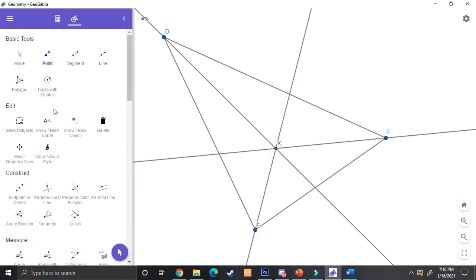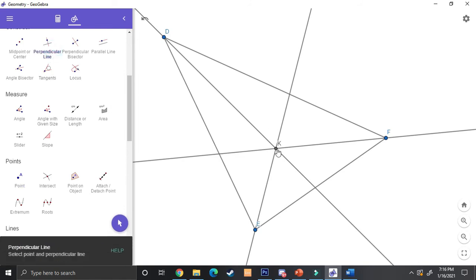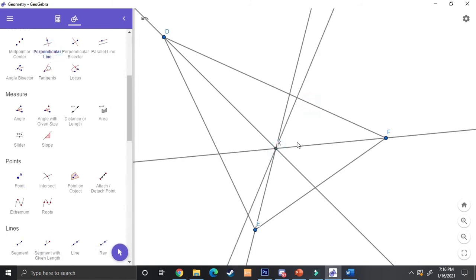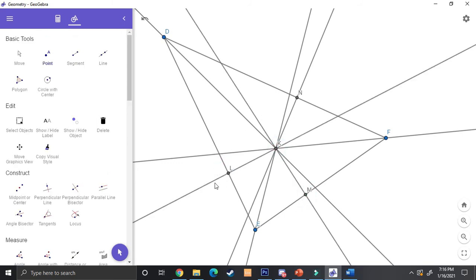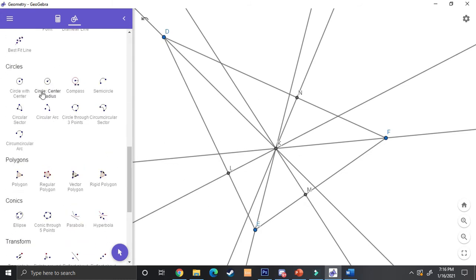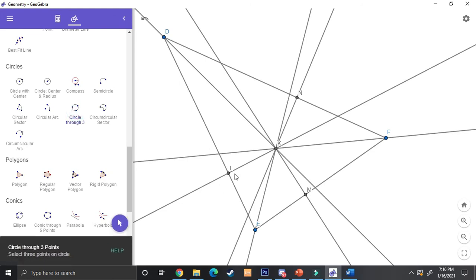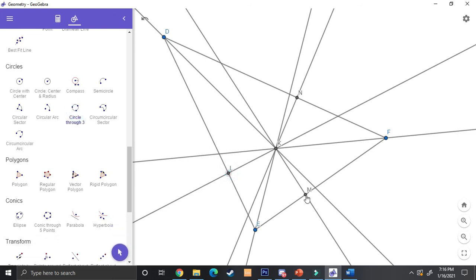Next, we draw the perpendiculars to each side, and we name all the points that intersect it. Now, let us connect these 3 points using a circle. Now, this is the incircle.